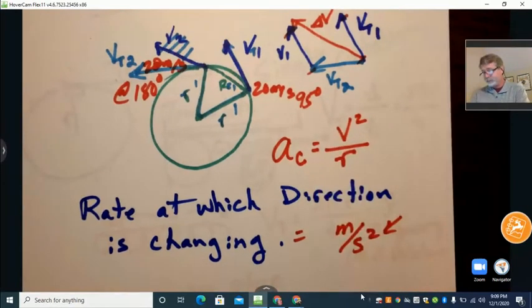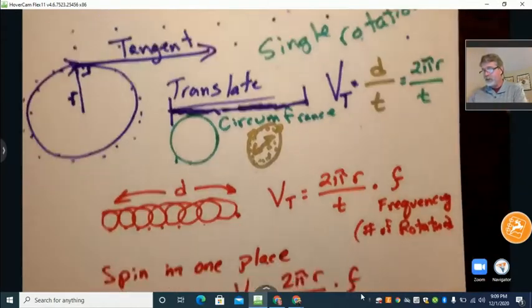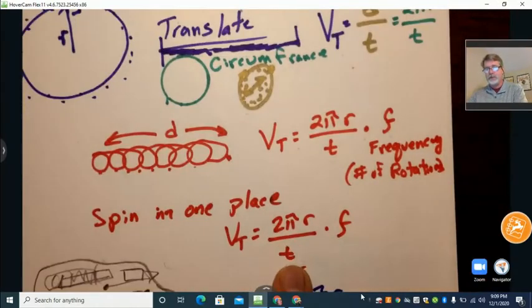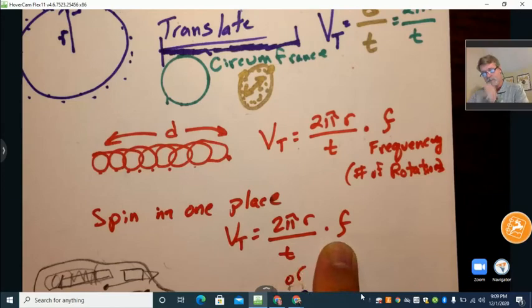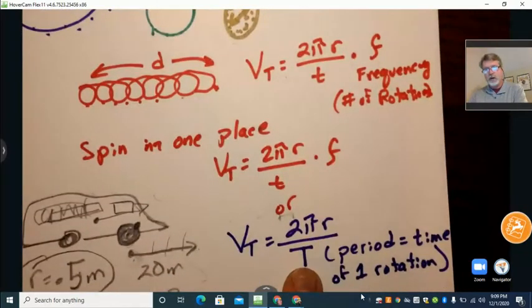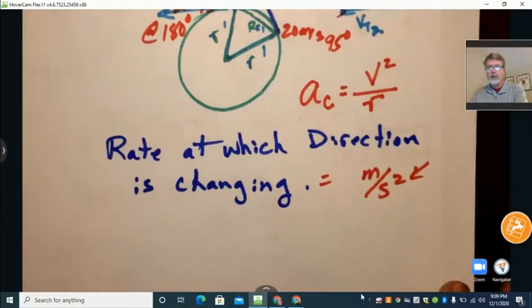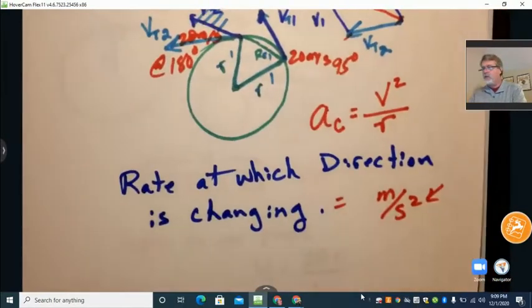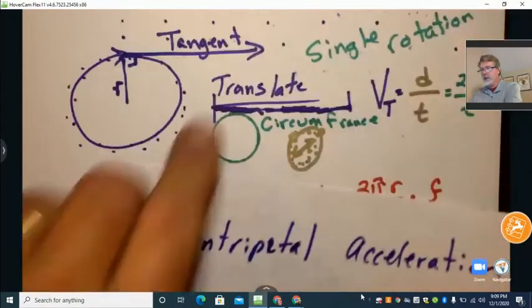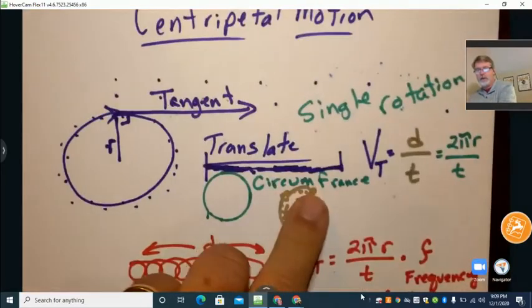The velocity of that object is going to be the circumference over the time times the number of rotations, or 2 pi r over capital T, the time of one rotation. So you would solve for this and simply plug it in there. All right. Now, one thing to think about now is if it has motion, it'll have a velocity.